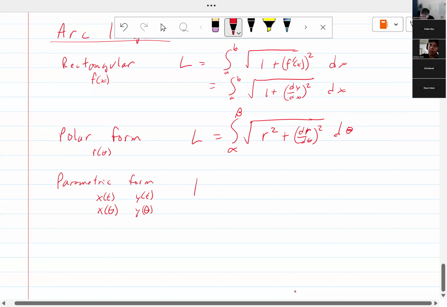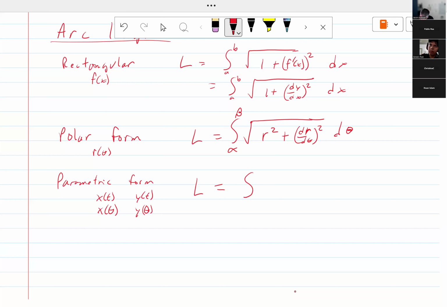And for parametric form, you're going to want to have this formula. We'll say the square root of, and this goes from, I don't know, c to d, whatever the parameter goes from, whether it's t, theta, gamma, lambda, whatever parameter you're using.